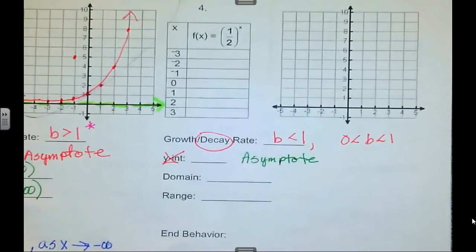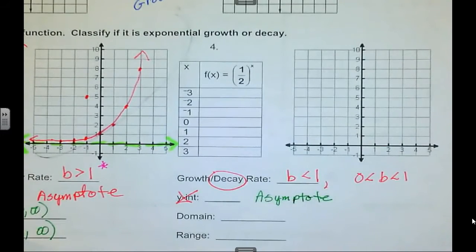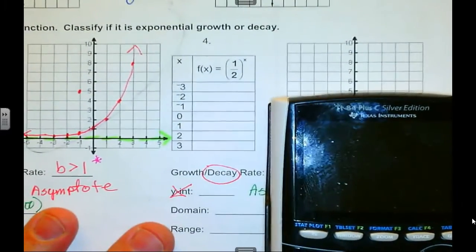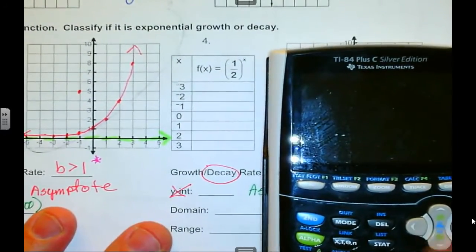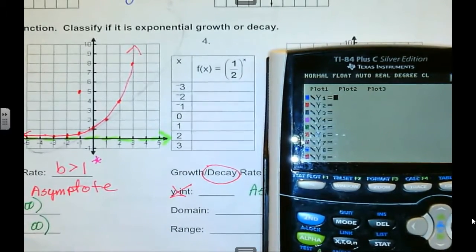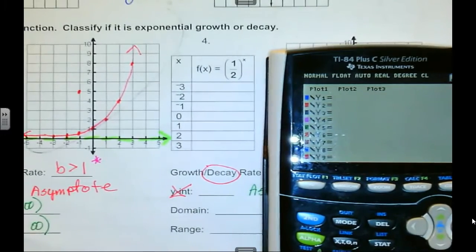Okay, so to find the asymptote, we need to graph it, right? See where it's almost touching the line. With these, and with the section before this, analyzing graphs, you're always going to need your graphing calculators, so you might as well get one.